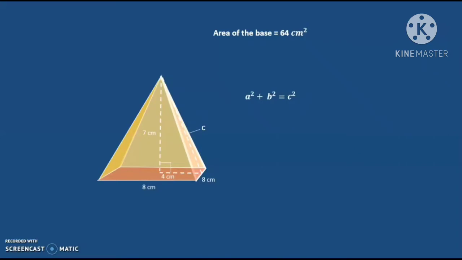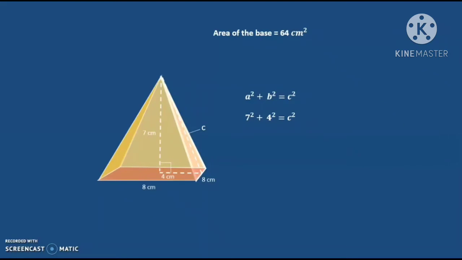We have 7 cm and 4 cm as the lengths that make up this 90-degree angle. So, we plug them into a and b to get 7 squared plus 4 squared equals c squared.